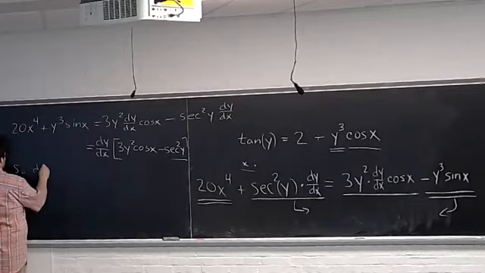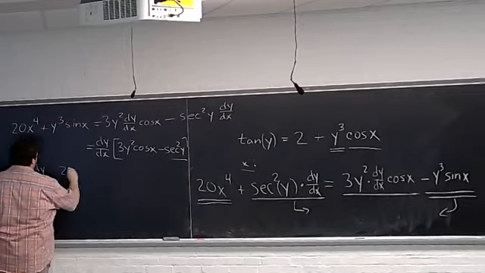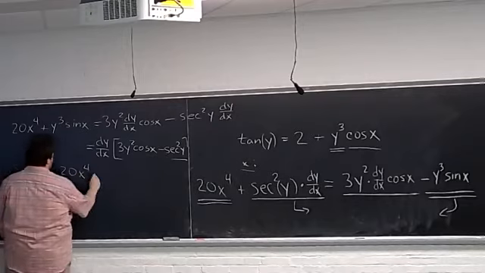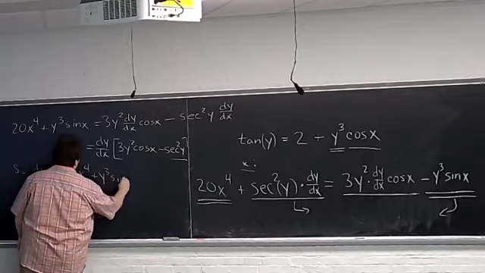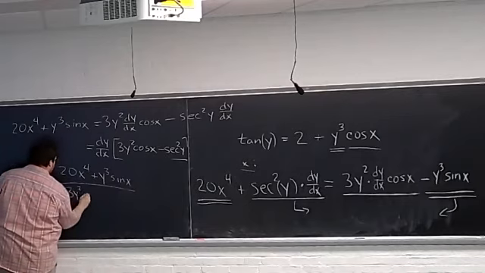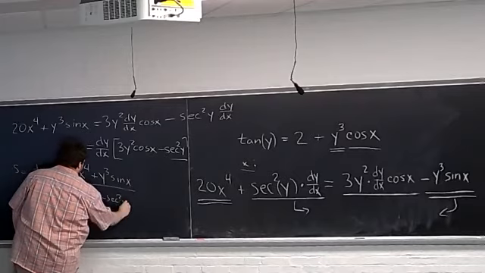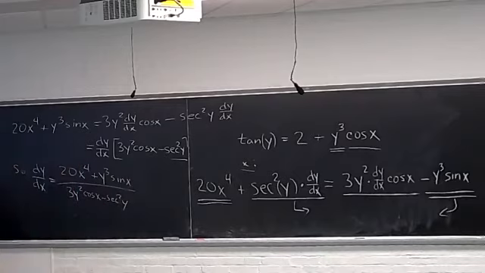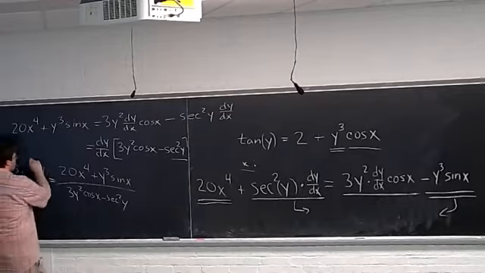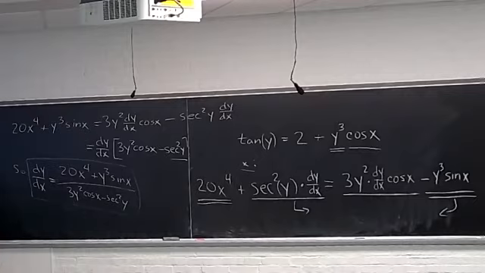So dy/dx equals, divide by that. So it's this, divided by that. I'll put a square. And notice there are x's and y's in our final answer. Any questions about this one?